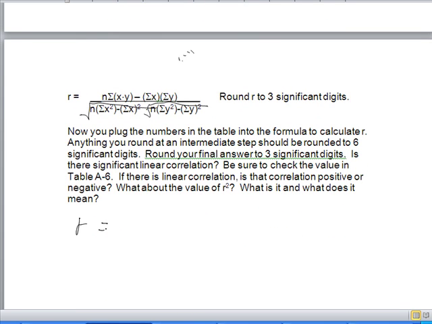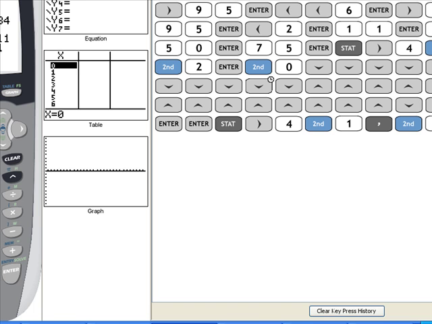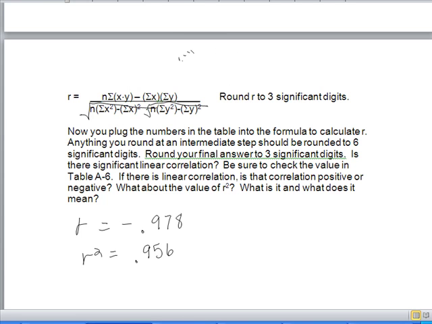I may be wrong on that. Oh, that's right. Alright, now this is my correlation coefficient. This is my coefficient of determination. So what do these two tell us?